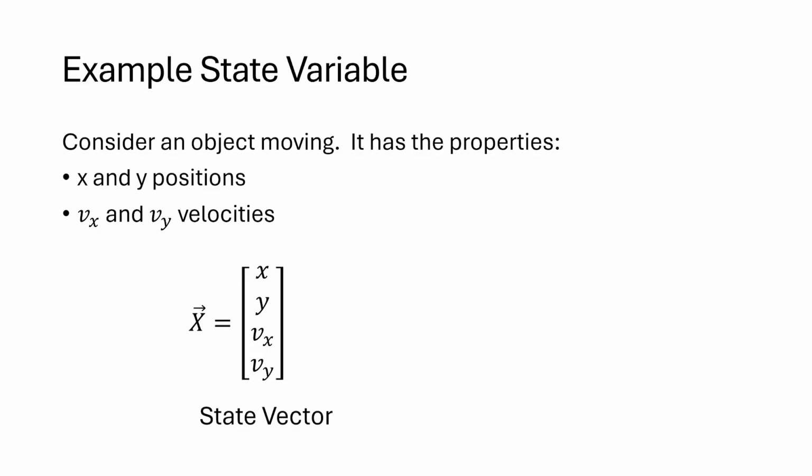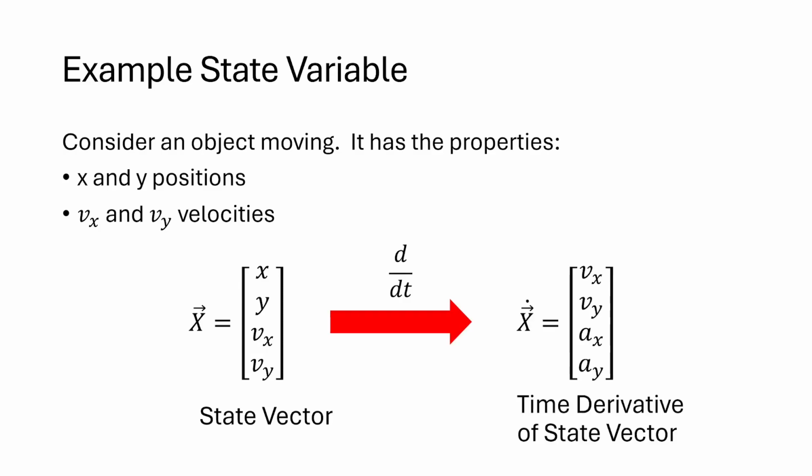As we did for the arbitrary state vector, we can take the time derivative, which in this case is vx, vy, ax, and ay. One thing I want you to notice here is that vx and vy appear in both the time derivative and the state vector. Make note of that, because we're going to be using this when we go back into MATLAB land.